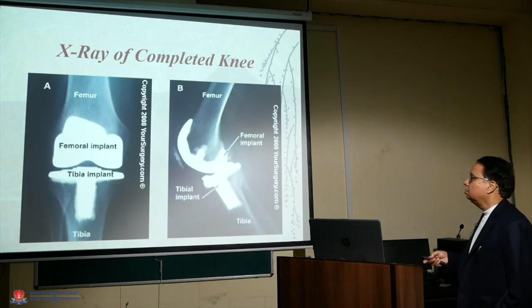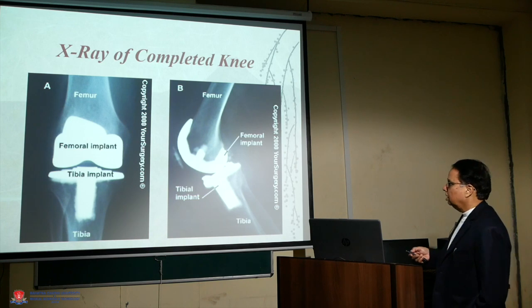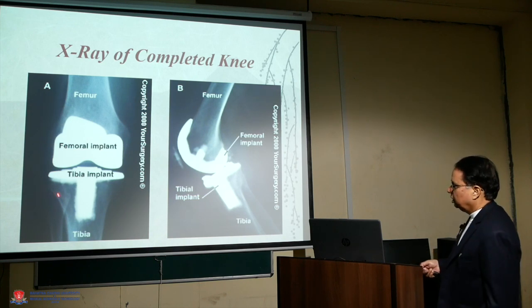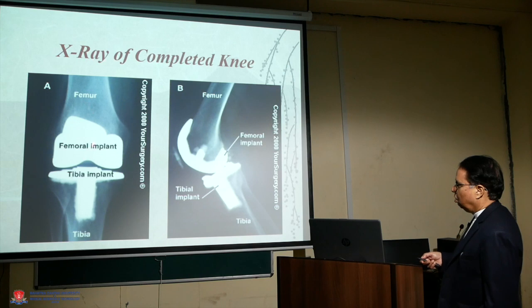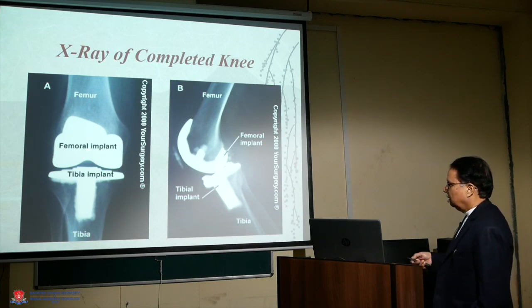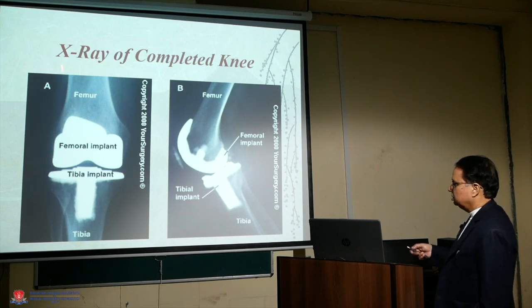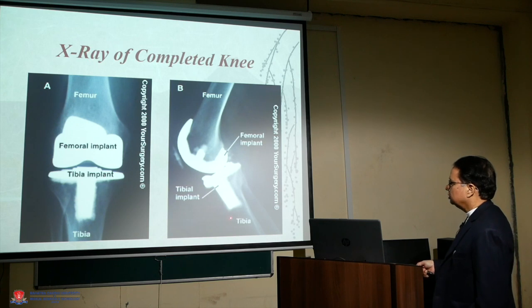So this is a beautifully taken X-ray which shows an almost near normal, no deformity, and balanced knee. You can see this is the AP view and this is the lateral view, which also shows the same, well fit there. The bone cement mantle is very good, and the tibial tray is very well fixed.